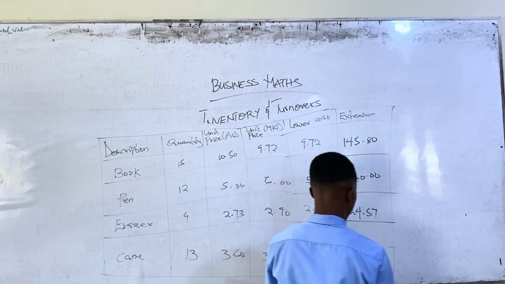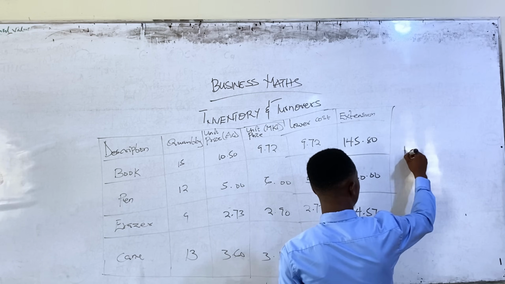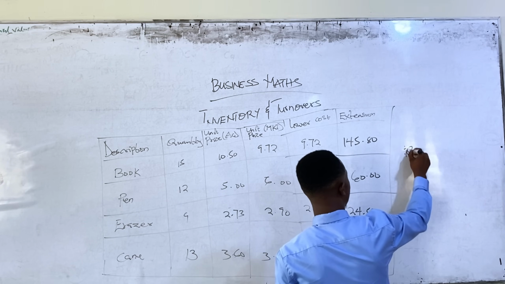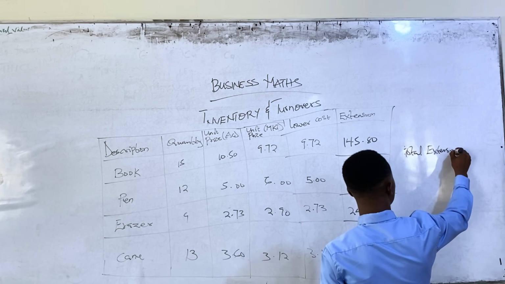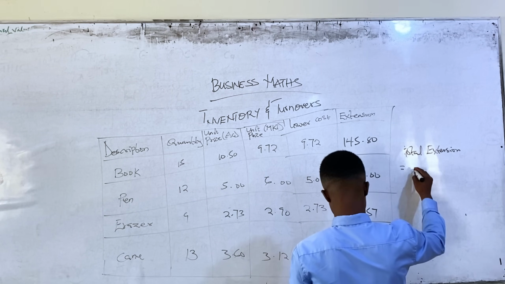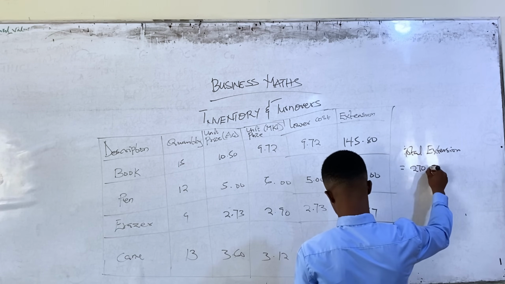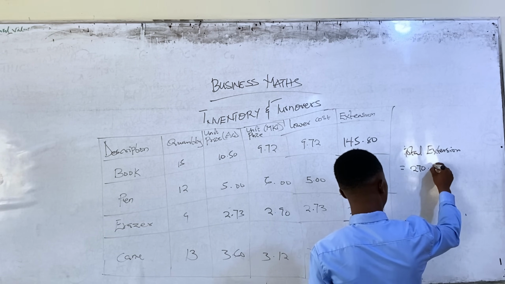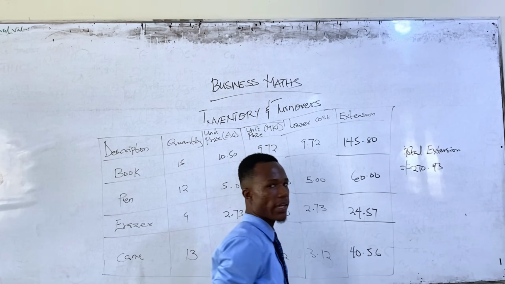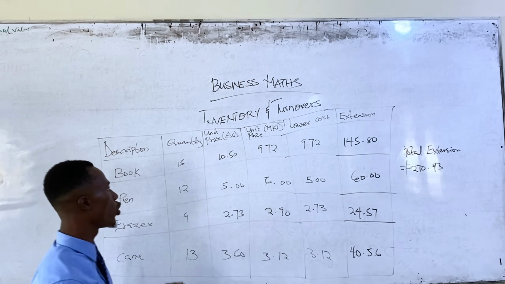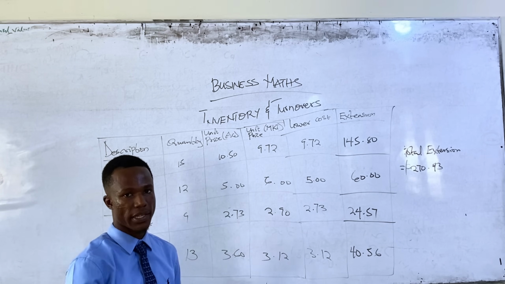So we have the total extension to be 270.93 Ghana cedis. So we are done for the inventory using the lower cost method or the market value.